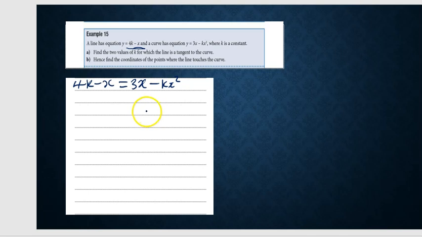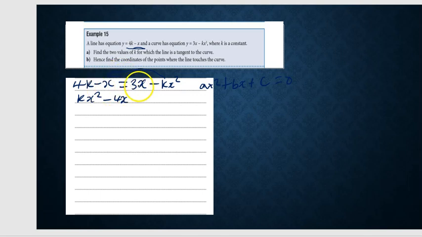So if we try to rearrange this in the form ax squared plus bx plus c equals 0, this becomes kx squared. It becomes positive, right? Positive kx squared, then minus 4x, right? Minus 4x plus 4k.